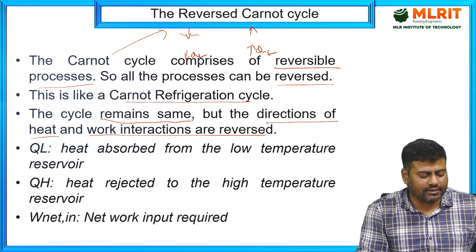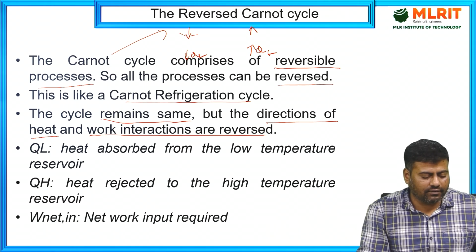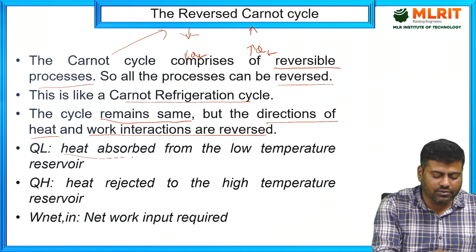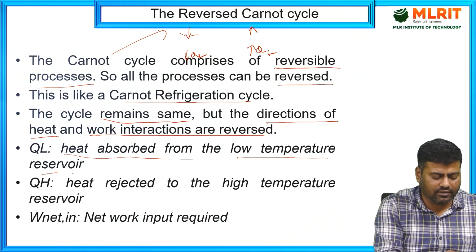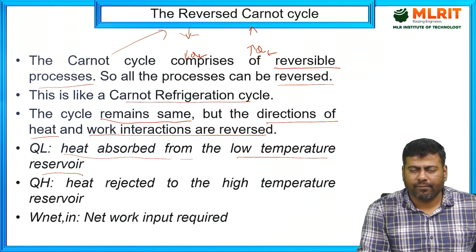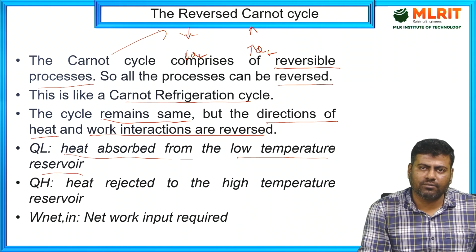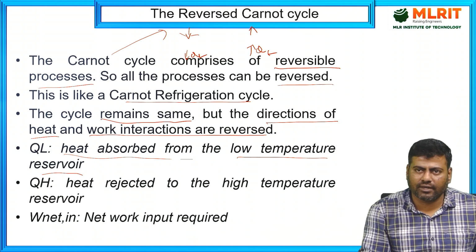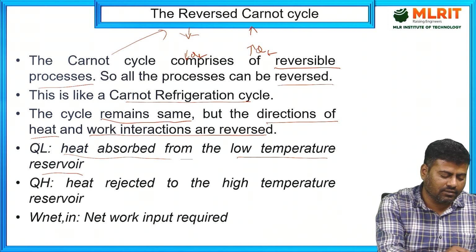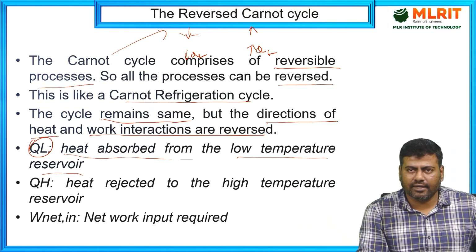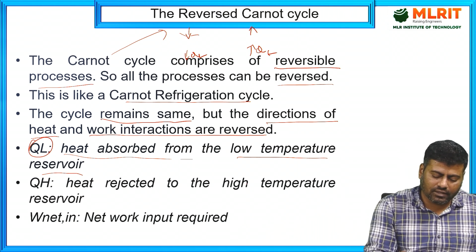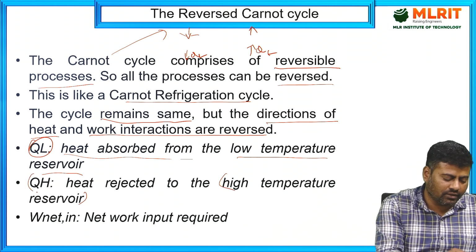Here, QL is the heat absorbed from the low temperature reservoir, which is always the same. Wherever there is heat absorption from the sink or low temperature reservoir, I consider that as QL. The heat transfer with the high temperature reservoir or source, we call QH.